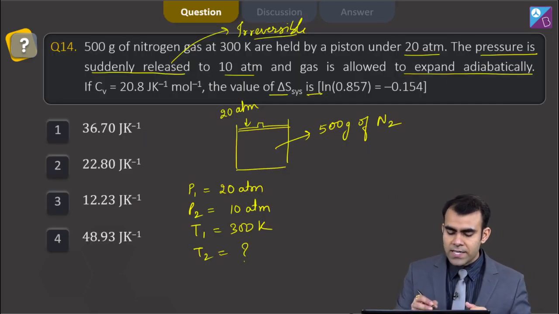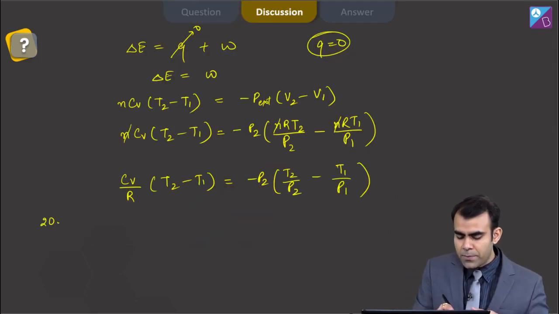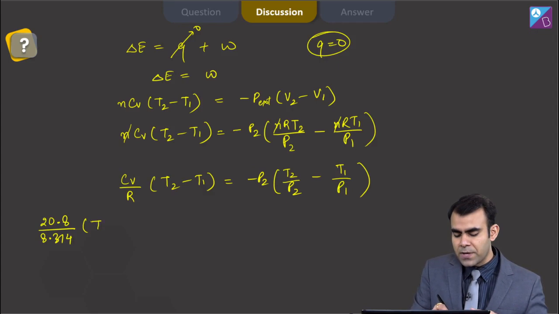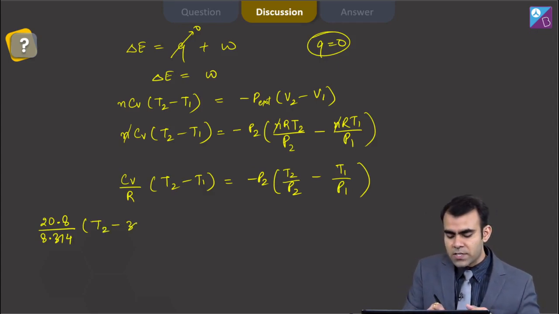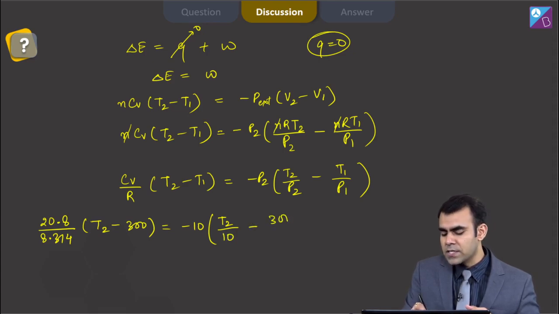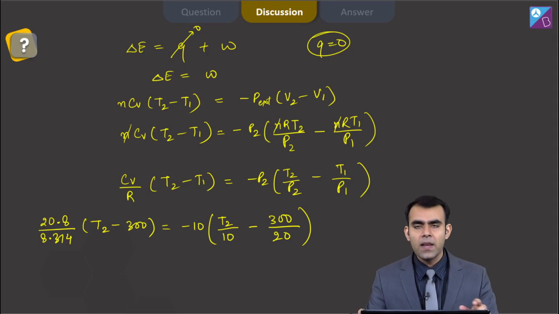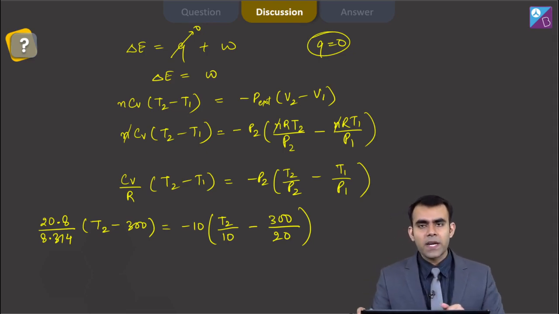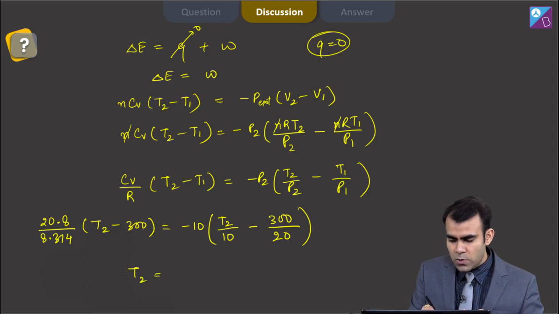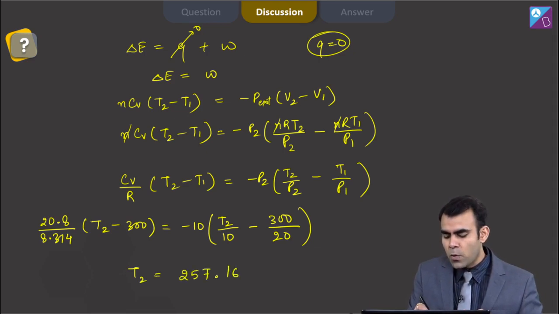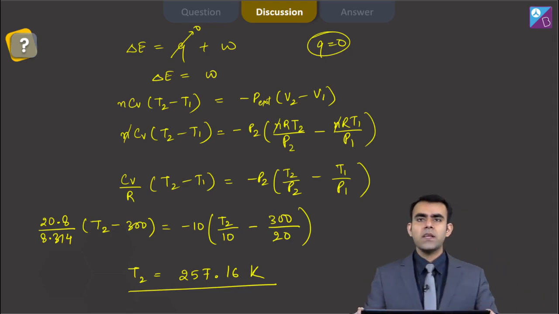Cv has been given as 20.8, divided by 8.314, times (T2 minus 300), equals minus 10 times (T2 by 10 minus 300 by 20). Here we have only one variable, T2, and on calculating, T2 comes out to be 257.16 Kelvin. This is the final temperature.